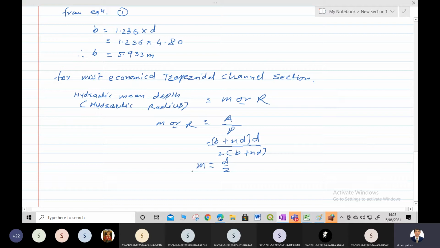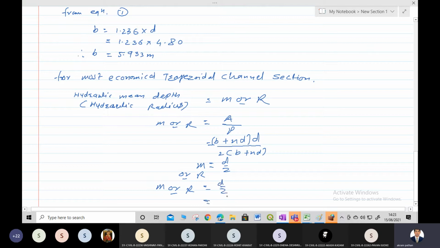So capital M or R is equal to half of the depth of flow. So hydraulic mean depth is equal to half of the depth of flow. M or R is equal to d by 2. So directly you have to take d by 2.